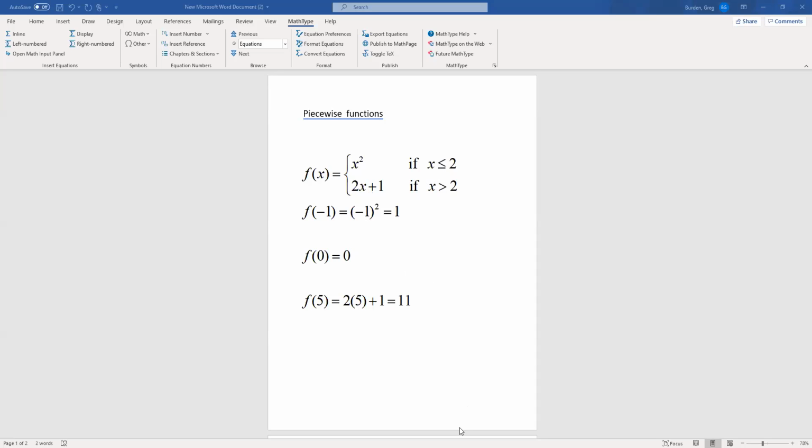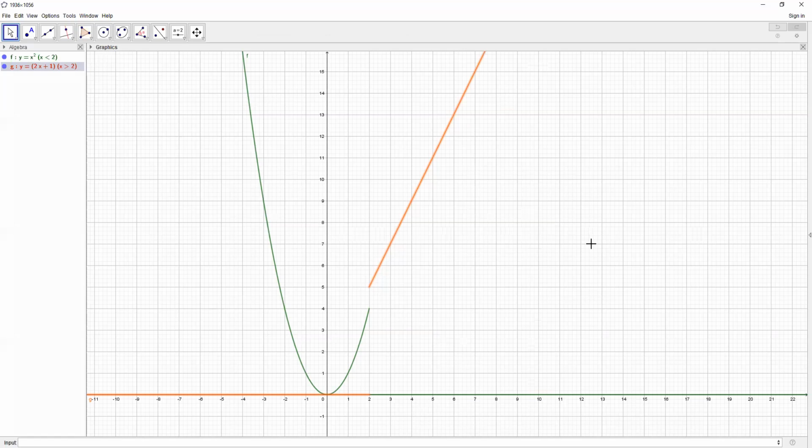Now, if we look at the graph of that, I'm going to change the screen share here to look at our good friend GeoGebra. To input this into the GeoGebra program, there might be some other way of doing it, but the way I did this is put in two functions here: y equals x squared, and then in parentheses next to that, x is less than 2.